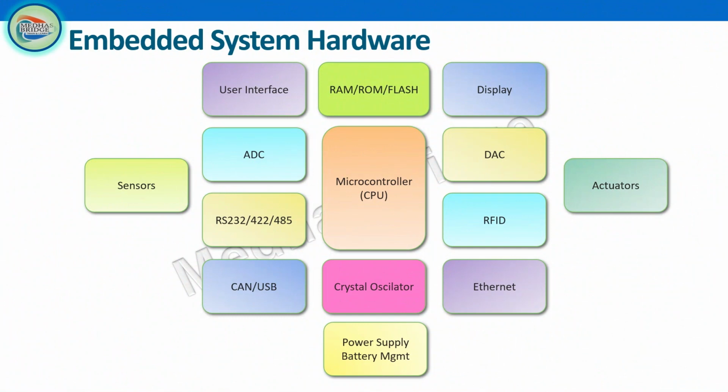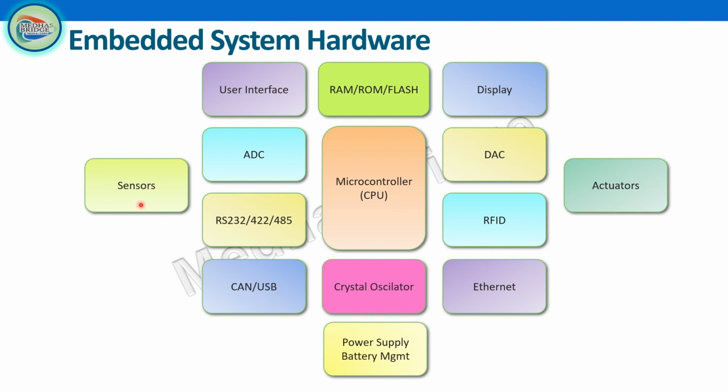Let's look at the hardware components which we find and use in embedded systems. One way or other, every embedded system should have a central processing unit. Mostly you can find a microcontroller as the CPU for an embedded system. The embedded system reads the data from the sensor and sends the control to the actuator, isn't it right?